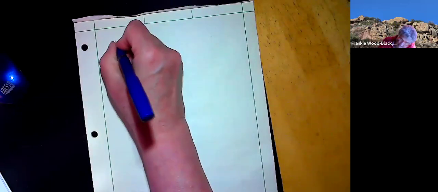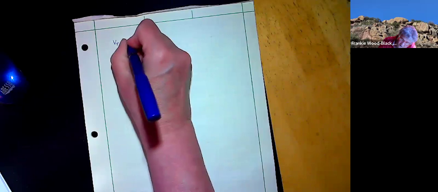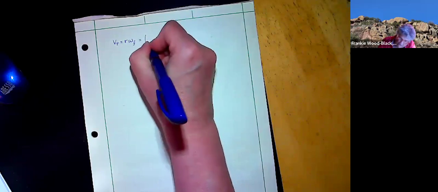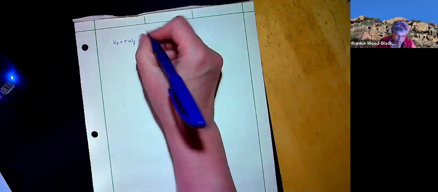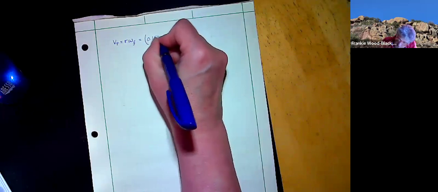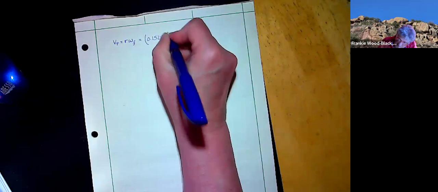We also want to know the final tangential speed. So my velocity is going to equal r omega final. We've already converted our 6 inches, and our 6 inches is now 0.1524 meters.